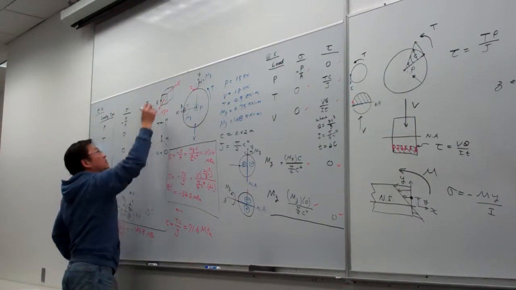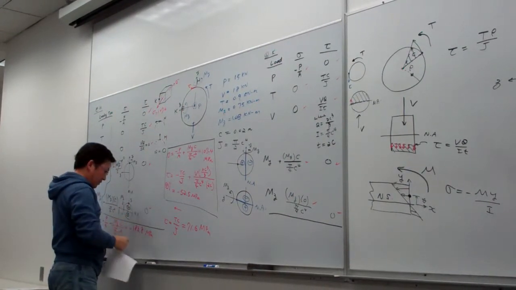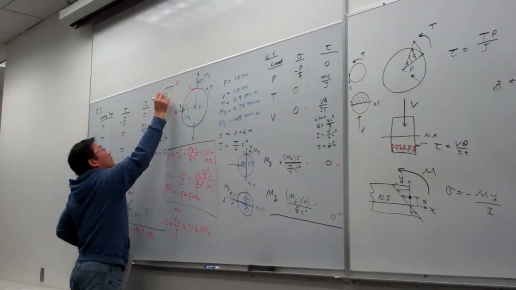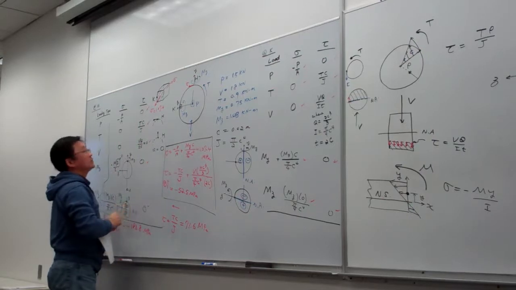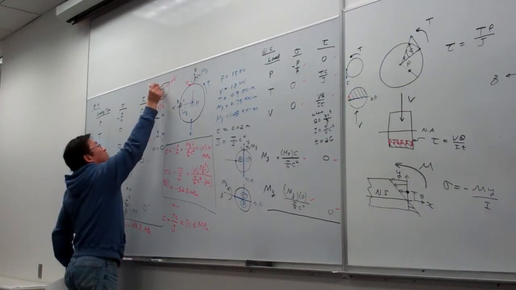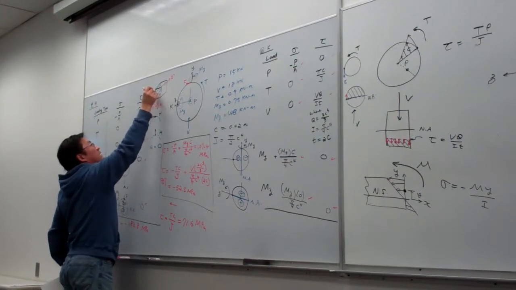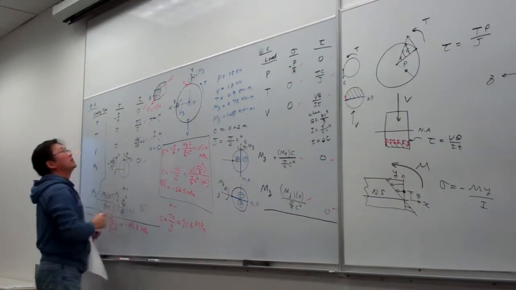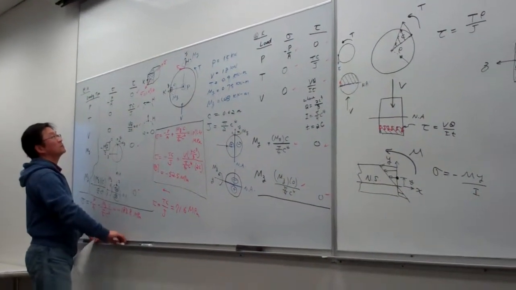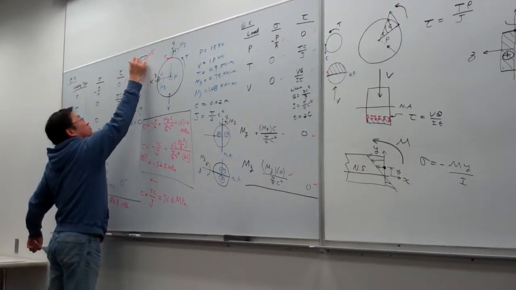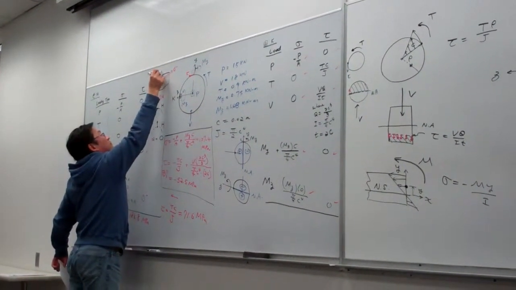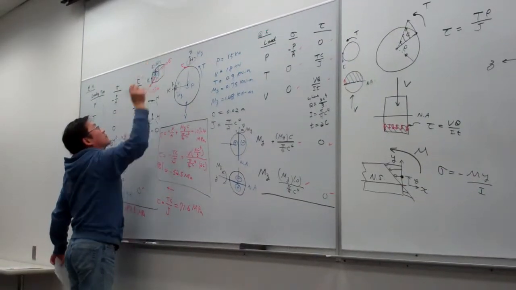So that means, I need to draw a side here. This is the side surface on the back, and in that area, the shear stress is 52.5 MPa downward.